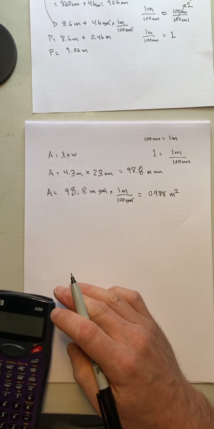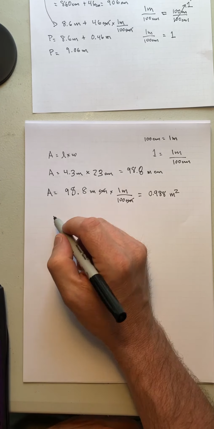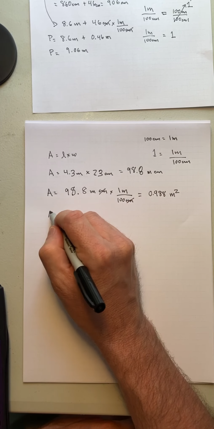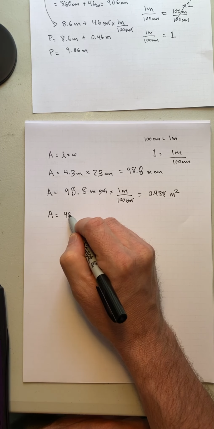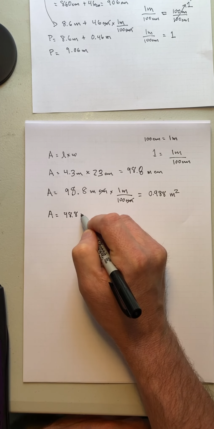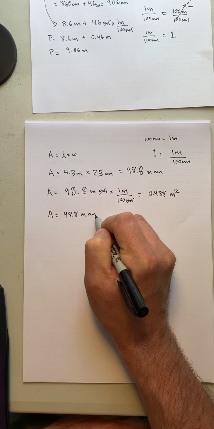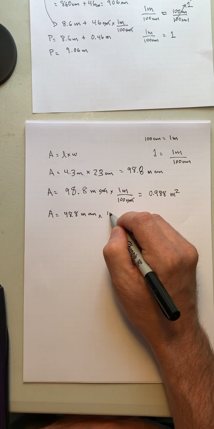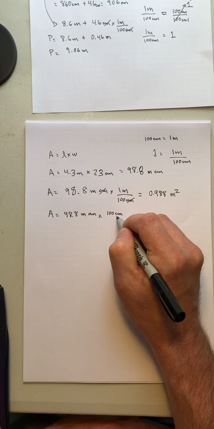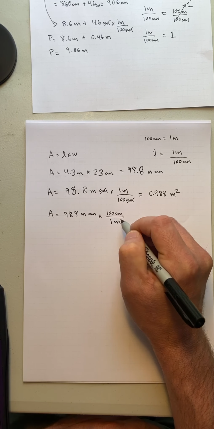I can also go the other way. I'm going to say area is equal to 98.8 meter centimeters. I'm going to flip this the other way, times 100 centimeters divided by 1 meter.